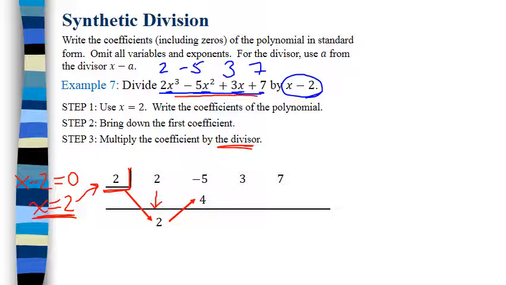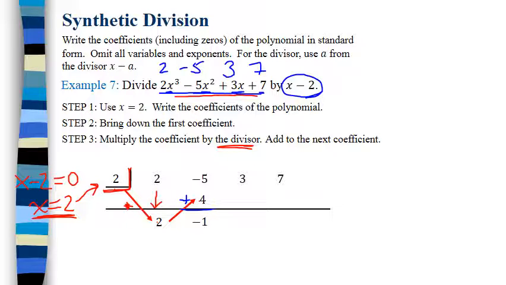Remember from quadratics. So in this case, we're multiplying here. I'll put a circle. So 2 times 2 is 4. Then we're going to add down. So we're going to add -5 plus 4 is -1.